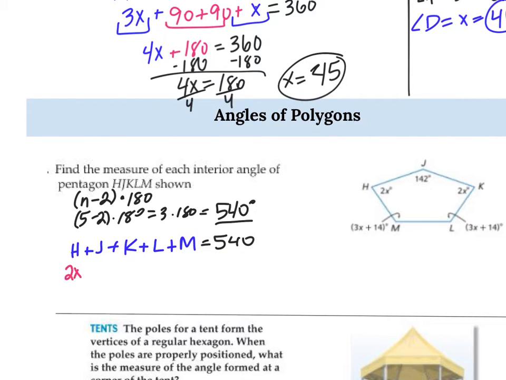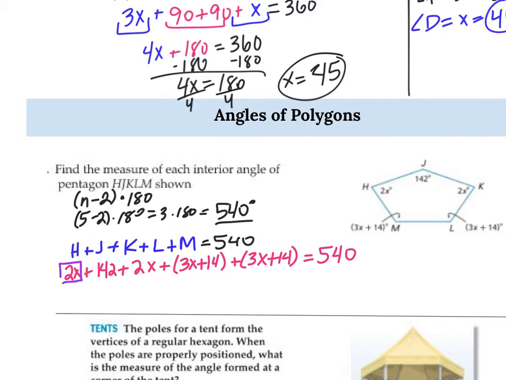H is 2x, J is 142, K is 2x, L is 3x plus 14, and M is also 3x plus 14. So all of that, add it together. Find the measure of each interior angle. So first we need to solve for x.